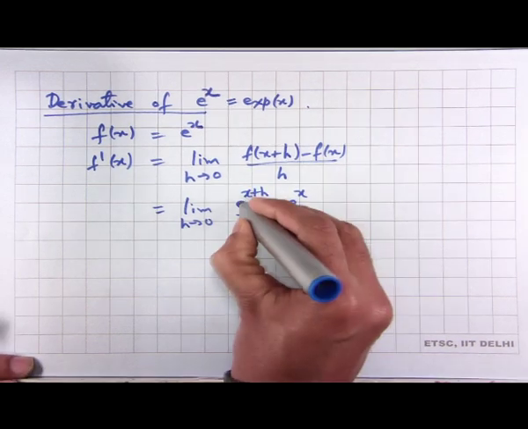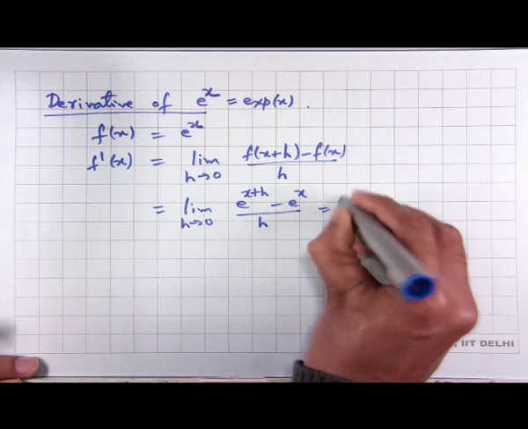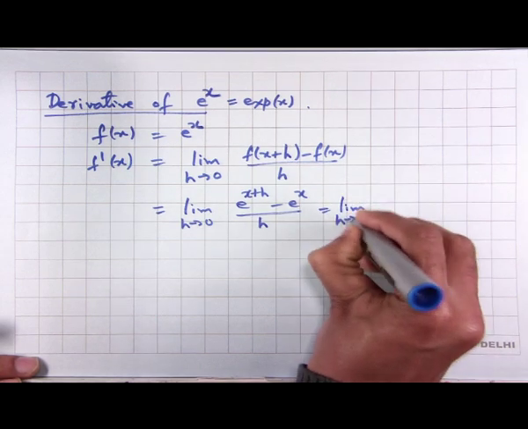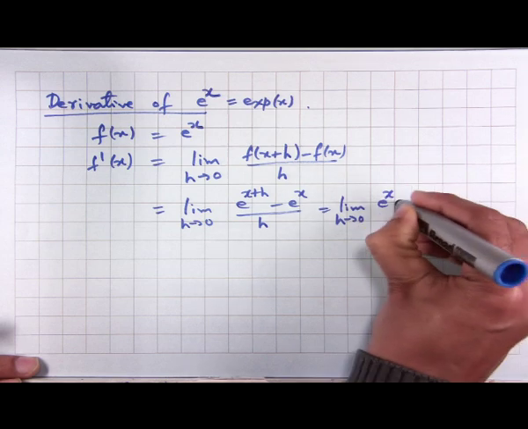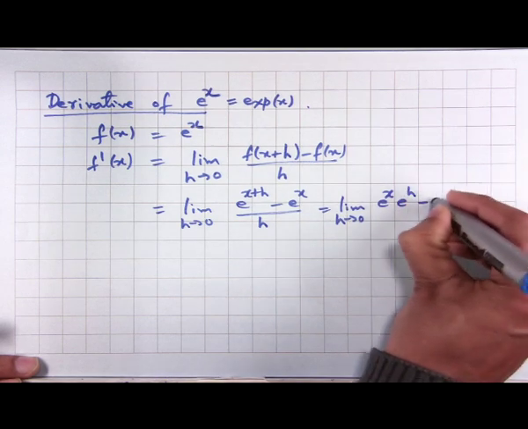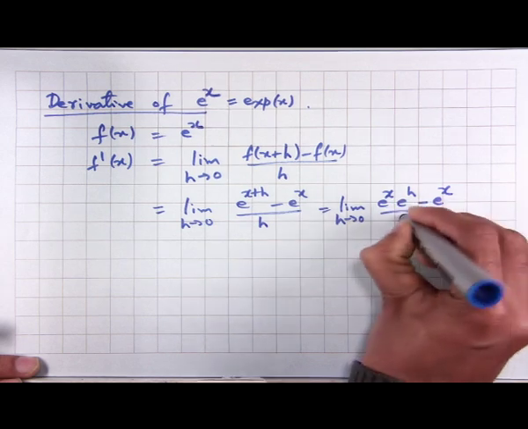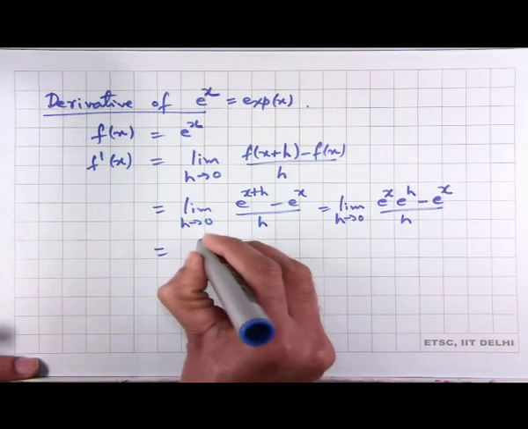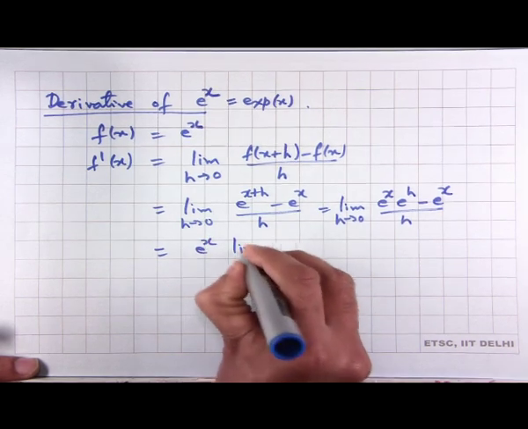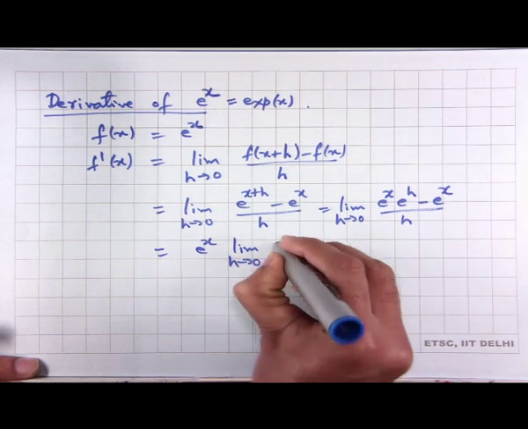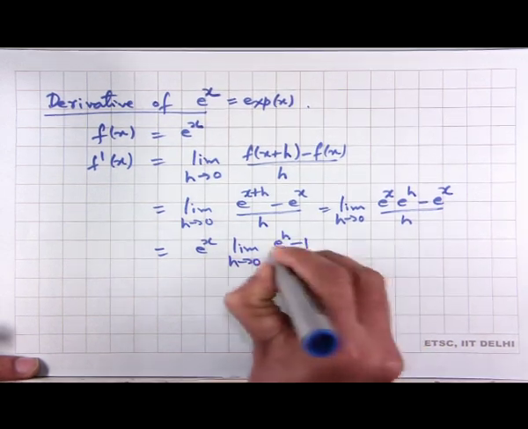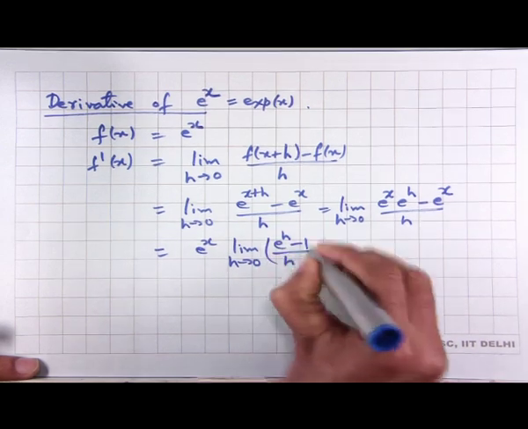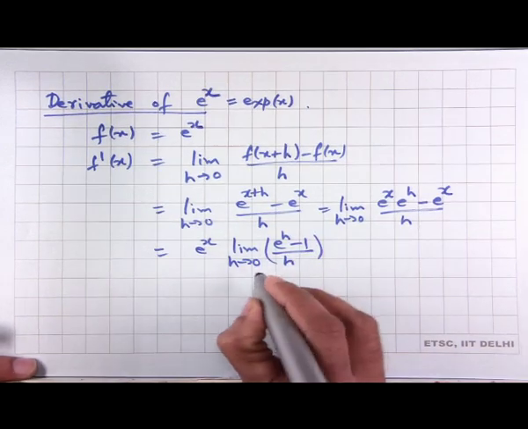We know that exponential of x plus h is nothing but exponential x times exponential of h. So, we can take e to the x common, and this is equal to e to the x times the limit of h going to 0 of (e to the h minus 1) over h, and this limit we said is equal to 1.